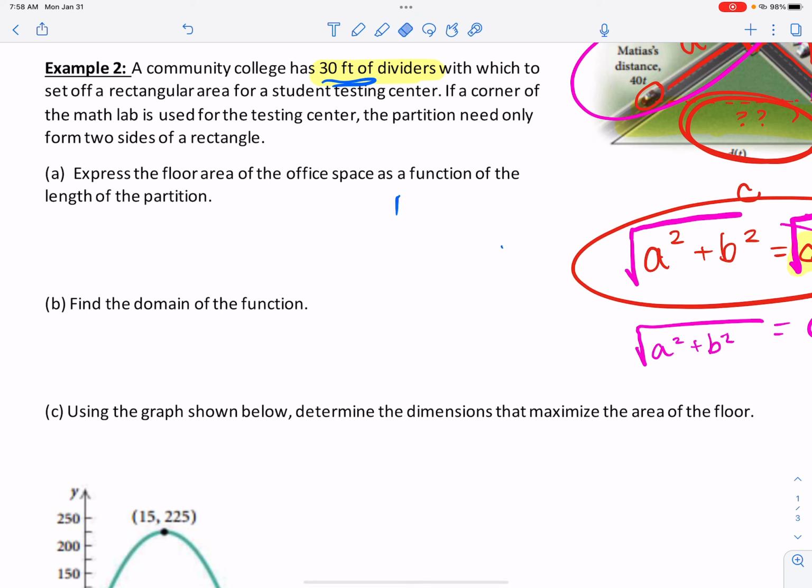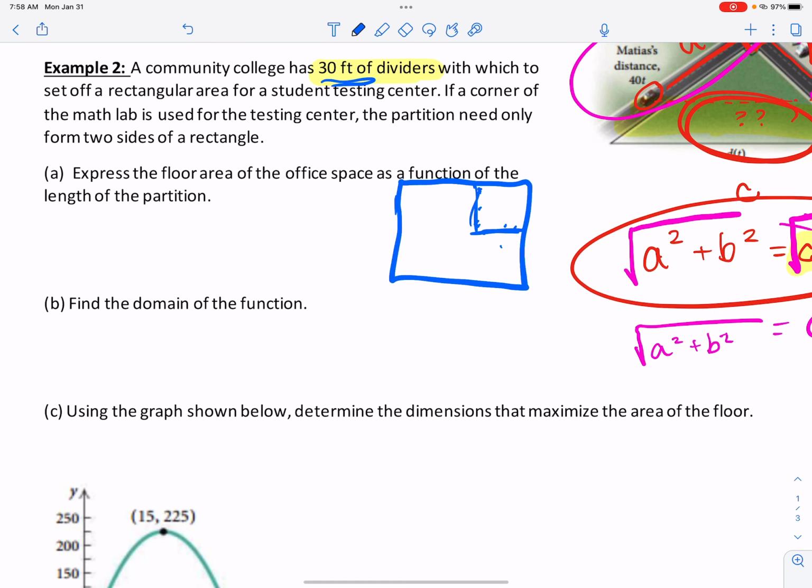They're trying to section off a little testing center is what they're trying to do. Okay. All right, if a corner of the math lab is used for the testing center, the partition needs to only form 2 sides of the rectangle. So again, here's this outside building, and let me use a different color. They're just going to use dividers, obviously, for the 2 sides of the rectangle.